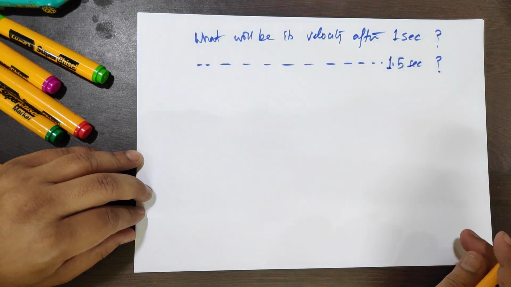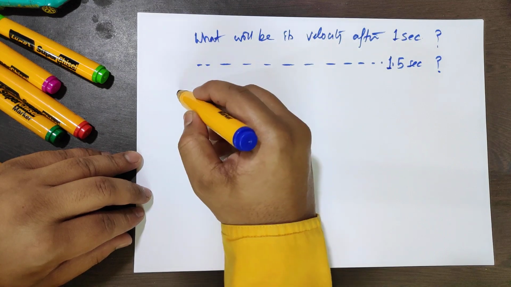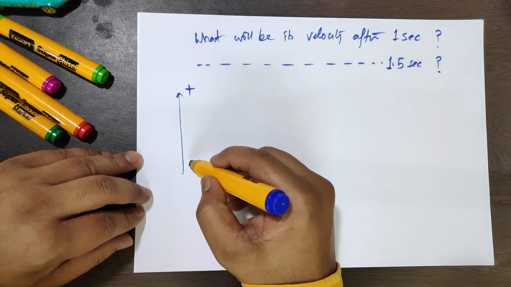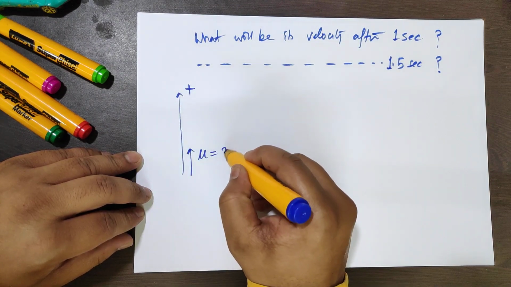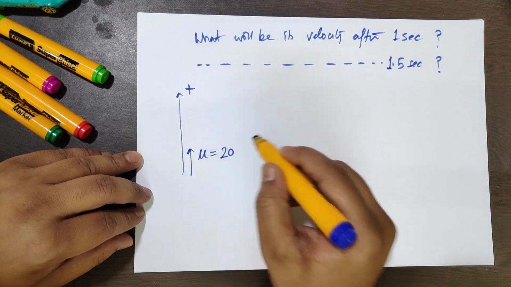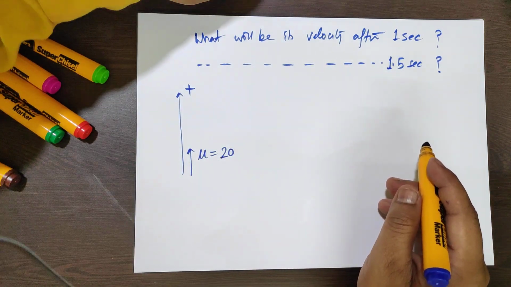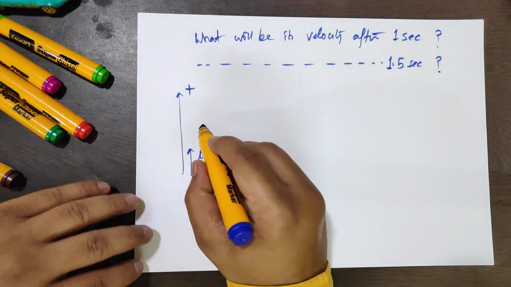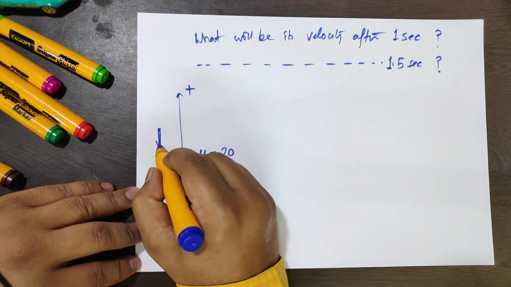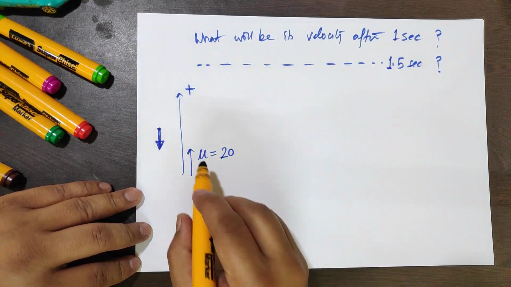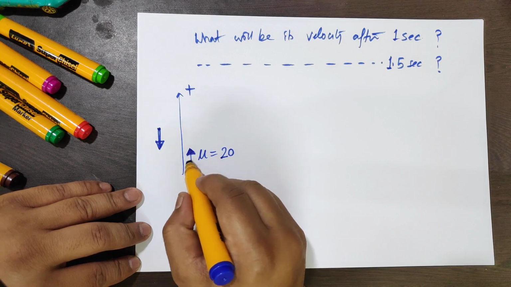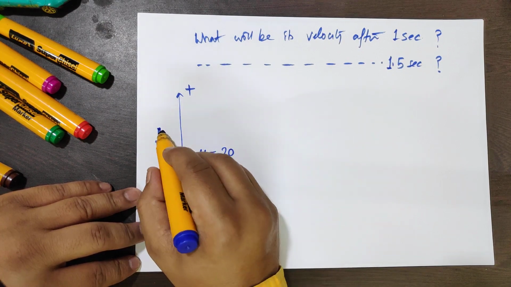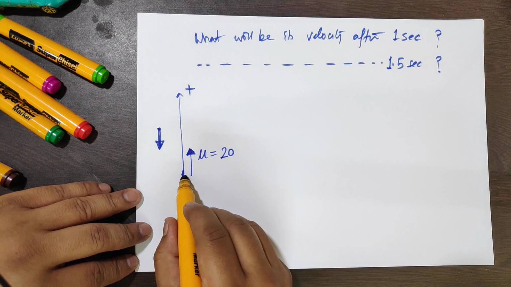Let's see. So here also that same positive direction upwards, u equal to 20, right? And this is the acceleration due to gravity, always downwards, as this is our chosen direction. So there we are starting the problem, right?